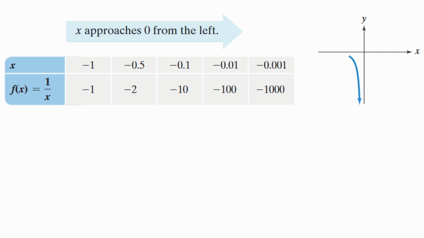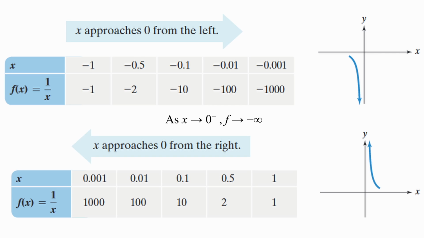And if we want to describe what that means in terms of this arrow notation, we could say that as x approaches 0 from the left, f of x approaches negative infinity. That is, as our inputs get smaller and stay negative, our outputs get larger while remaining negative.